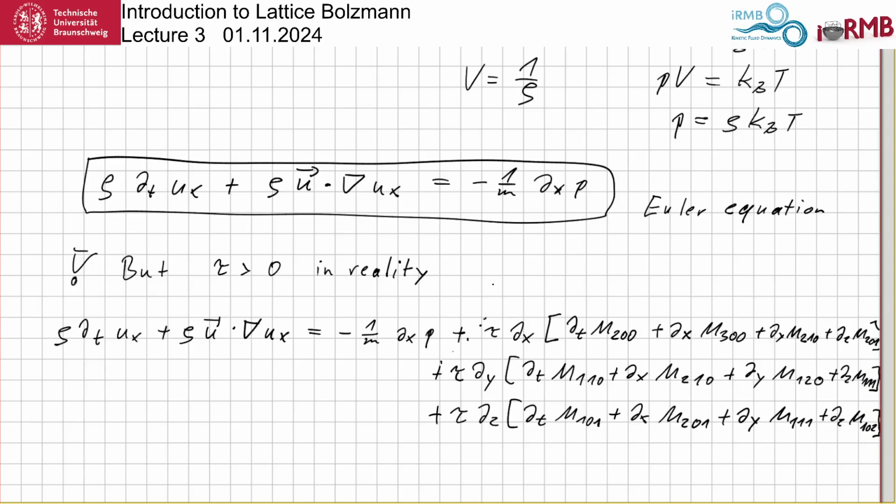Okay, all of this. So this is the thing that distinguishes the Euler equation from the Navier-Stokes equation. All of this we now call S.